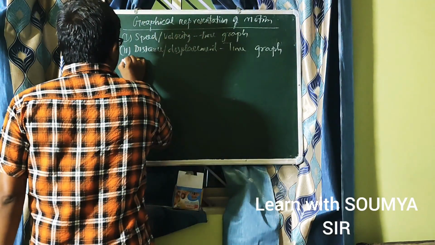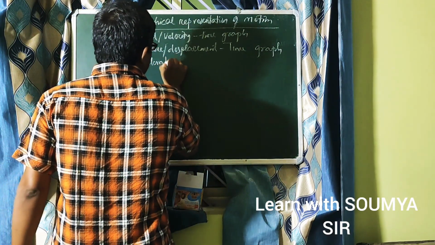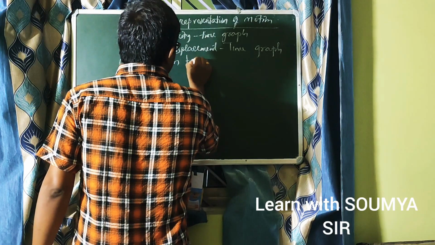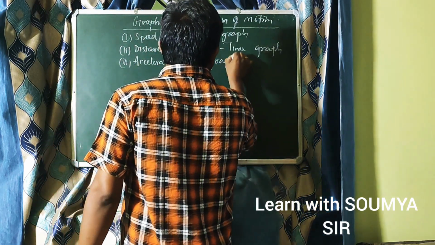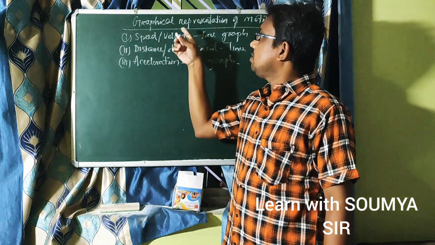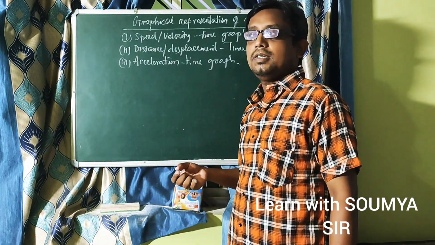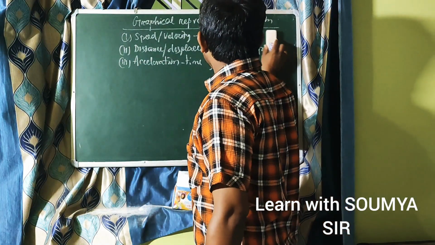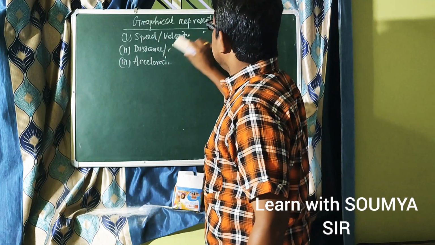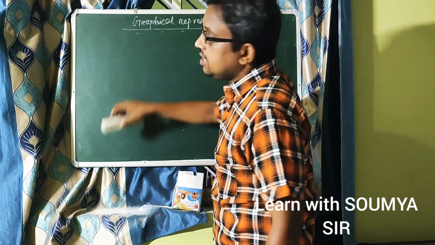And number 3, acceleration time graph. The first 2 graphs we will read. The third graph we will read in class 11 and 12. So first we will read about the distance or displacement time graph. We will just take distance, not displacement. We will take the distance time graph.